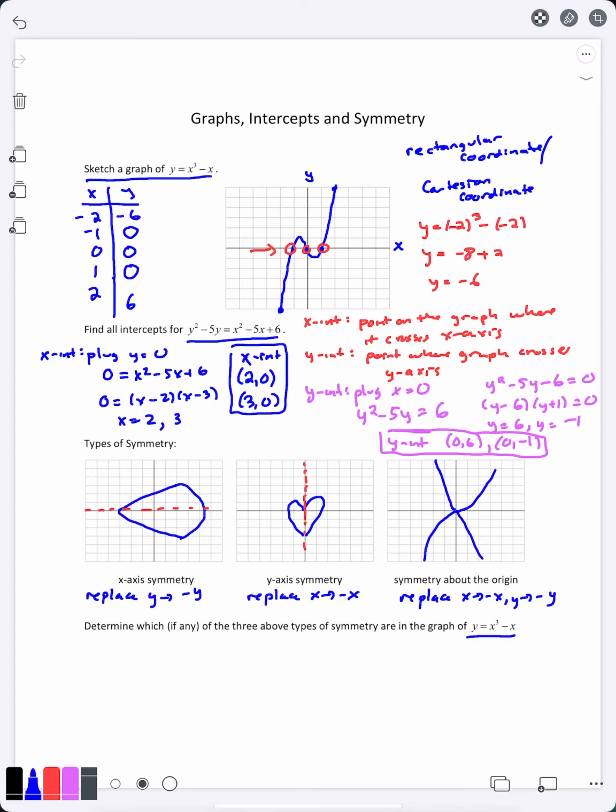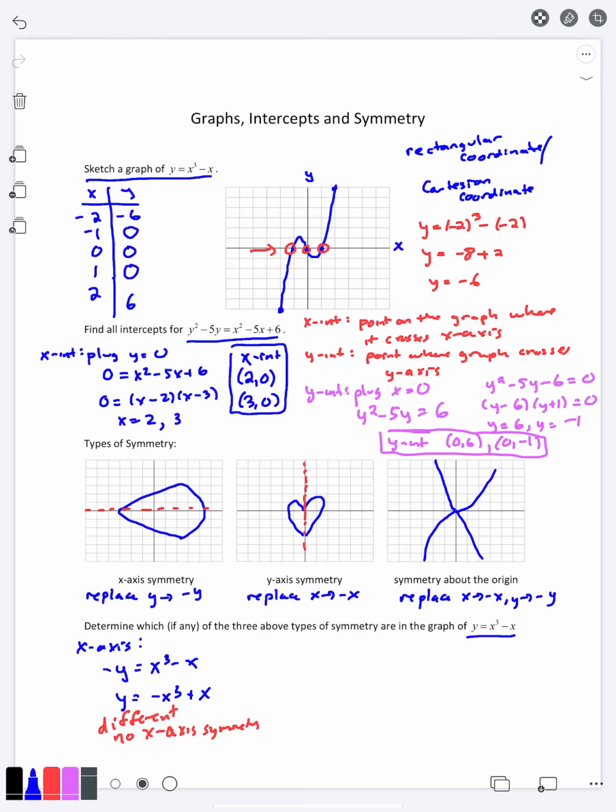However, we can just check that really quickly here. For x-axis symmetry, I replace my y with negative y. And then if I were to solve for y here, I'd get negative x cubed plus x. And that is different than the original one. And so that means there is no x-axis symmetry.